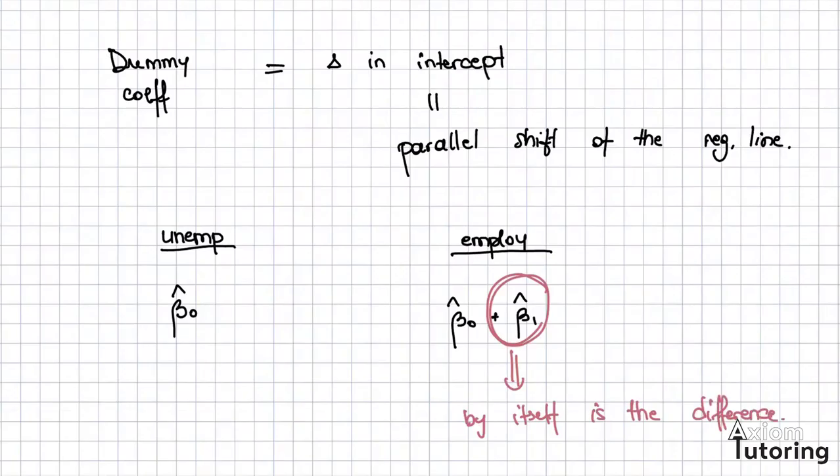And that's why we've been saying in the previous videos that the coefficient in front of the dummies is just the difference between the two groups. This also explains why the gap between the lines is constant: since the slopes are identical, the only difference between the two is the intercept.